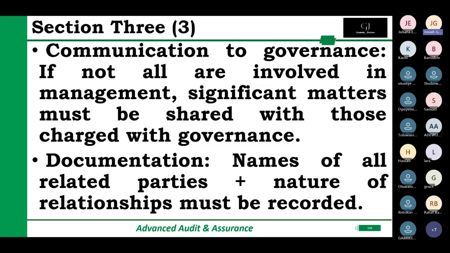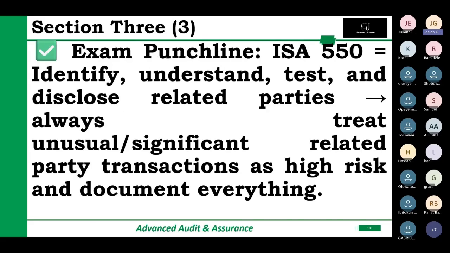Then documentation is very important because names of all related parties and the nature of the relationship must be recorded and documented. So for your exam, ISA 550 on related parties needs to be understood. Look at the area of identifying related party transactions, understanding the nature of those transactions, testing them, and disclosing these related party transactions. And unusual or significant related party transactions should always be treated as high risk.